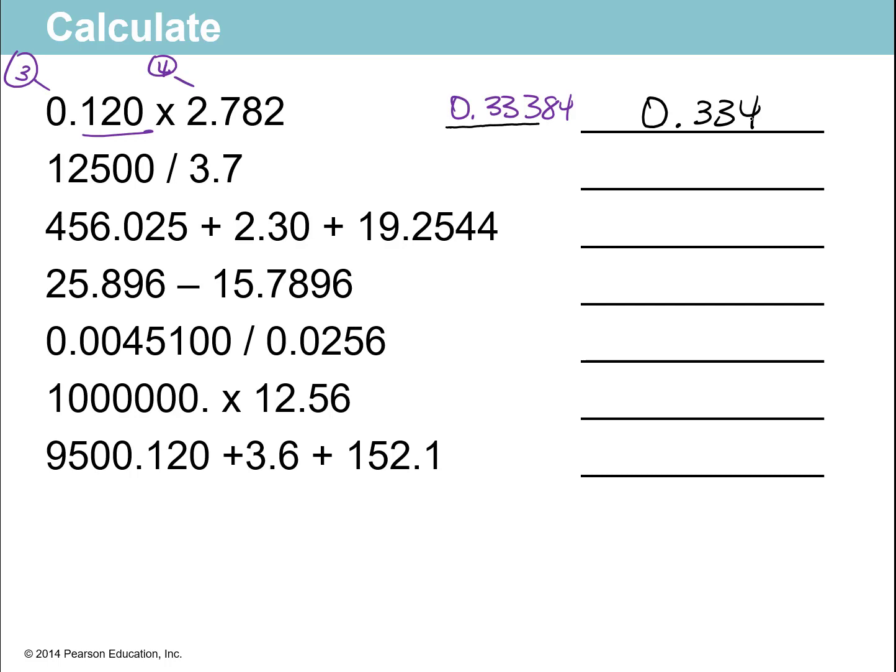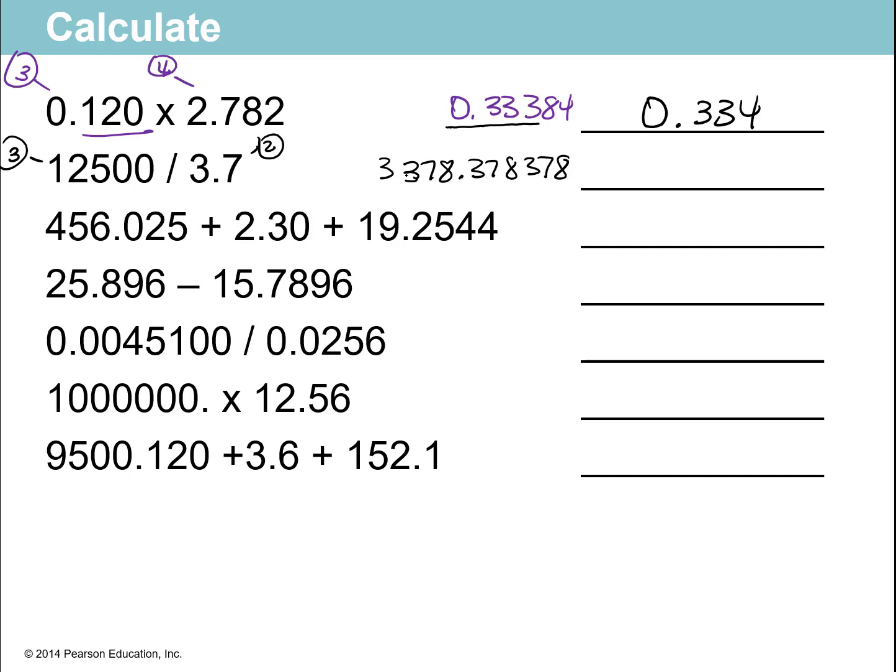So what about the next one? 12,500 has 3, because there's no decimal place. So those zeros at the end are not significant. 3.7 is 2. So if I take 12,500 and divide it by 3.7, I get this number with an awful lot of digits, 3,378.378378.